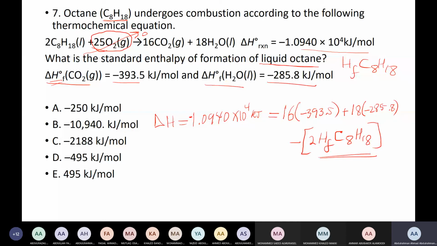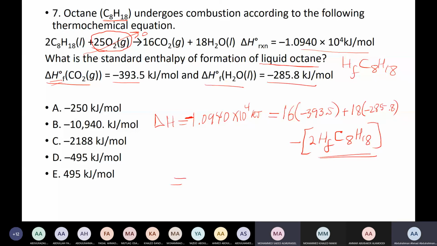What is it? The minus sign, don't forget it. Give me 500, but there is no 500.